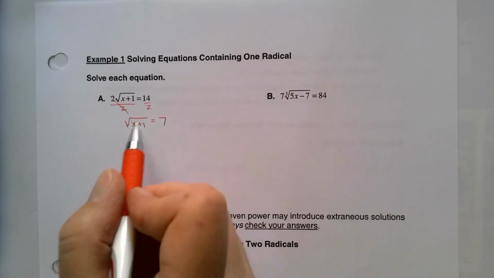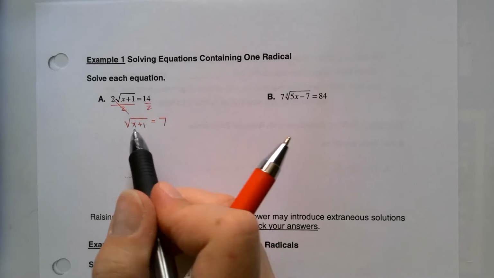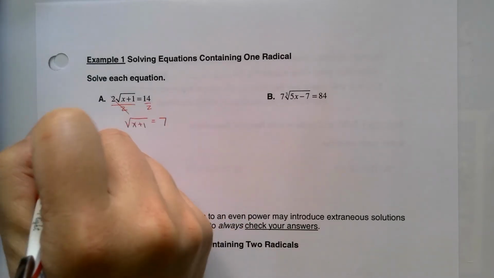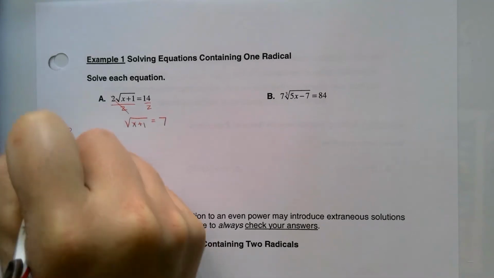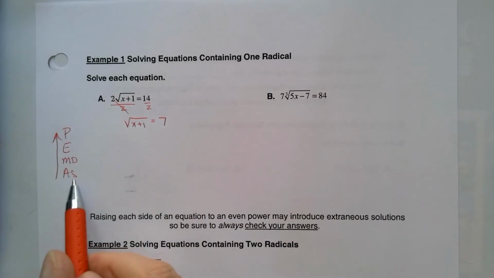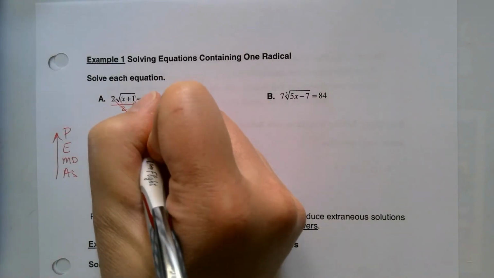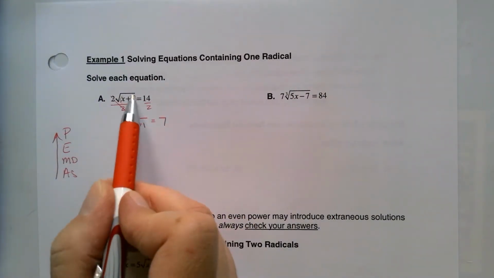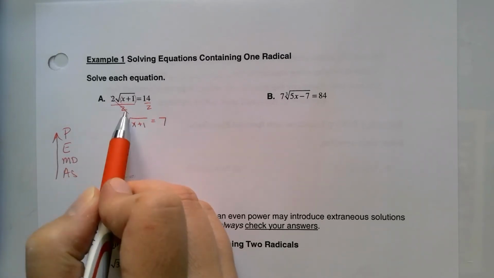Okay, now I've got this isolated, so I can't get rid of the 1 until I get rid of the root. So I want you to think about your order of operations. Please excuse my dear Aunt Sally. Remember, we're going backwards. We got rid of addition and subtraction first. There was nothing here, and I want you to remember, whatever is underneath the root sign is truly in parentheses. It's grouped in there. So I got rid of multiplication and division by dividing.